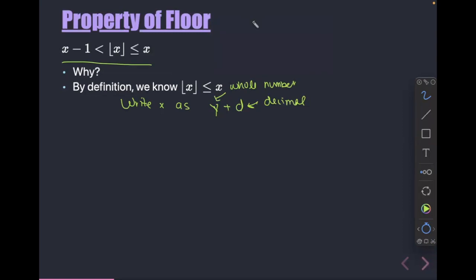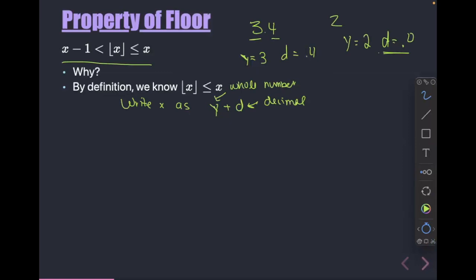Again, if I was doing 3.4, y would be 3 and d would be 0.4. So we can always separate it into the whole number part and the decimal part. And if you have a whole number like 2, that's fine, because y would be 2 and d would just be 0 or 0.0. That's just your decimal part.